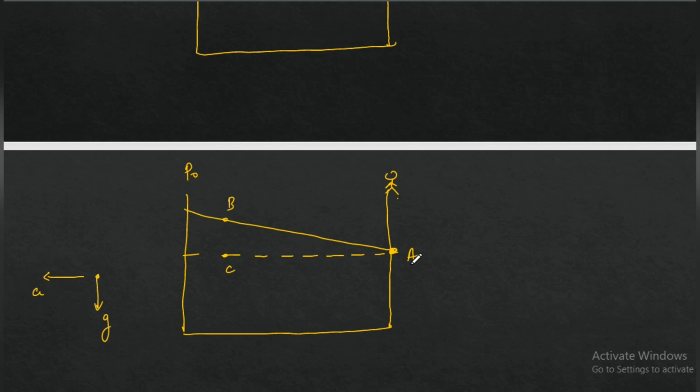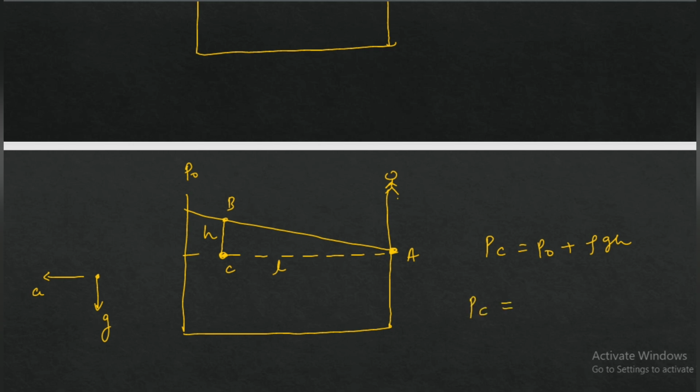If you move along this AC line, this acceleration A will contribute, there will be no contribution of G. So if you want to write the pressure at point C, PC, first you write the pressure at point B, that will be P naught, simply because it is in contact with the atmosphere, right? Take this height as H, so P naught plus rho GH, and take AC as L.